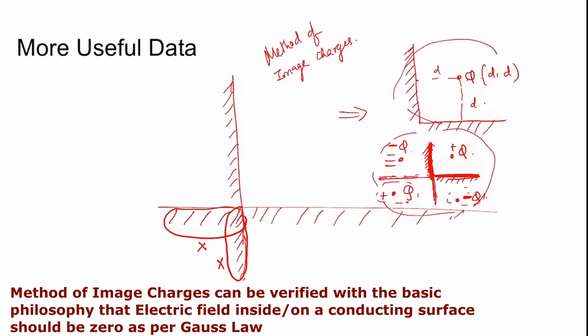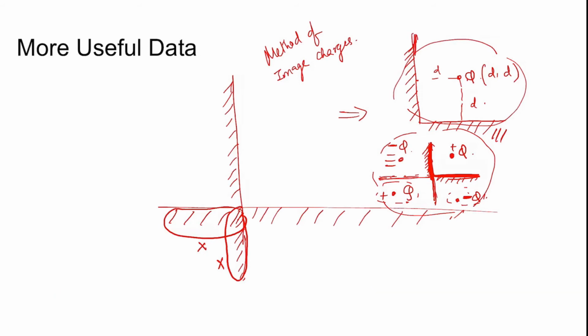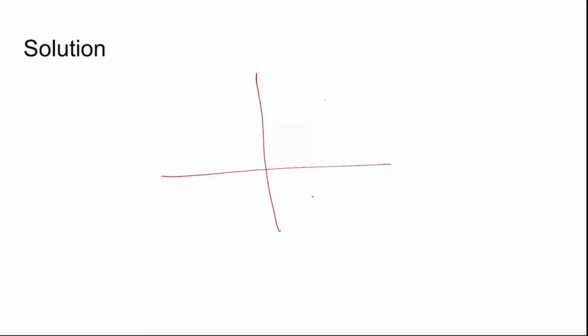So these two configurations are equivalent configurations. You will now need to find the force on this charge due to these other three charges, which are an equivalent and alternative method for representing this conducting surface. Solution: this is the charge on which we find the force.